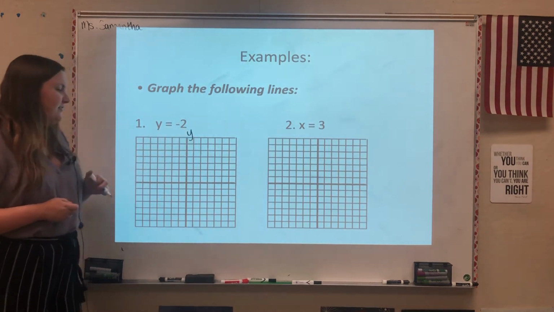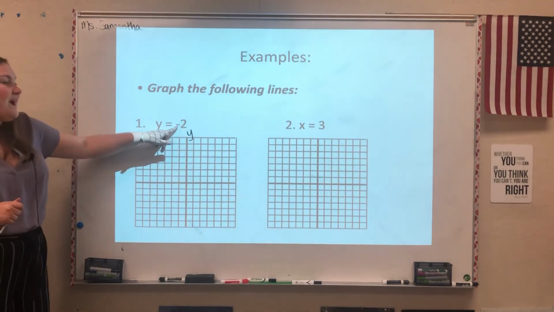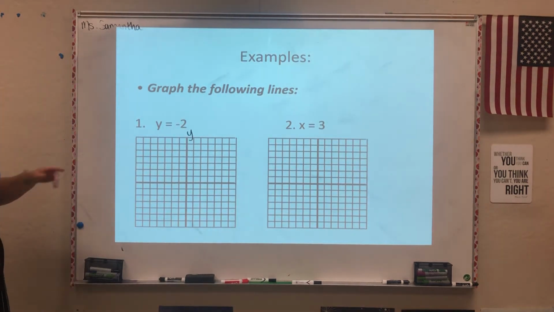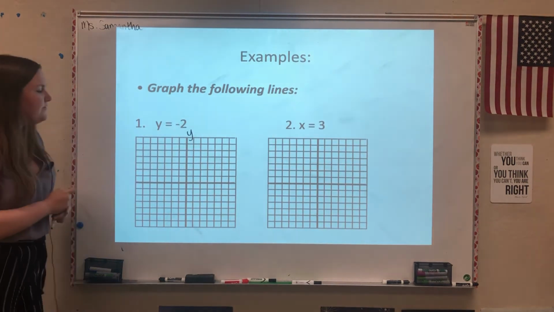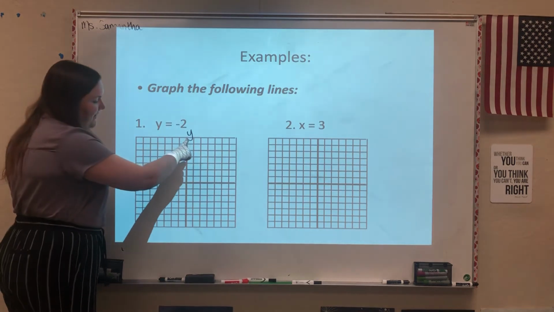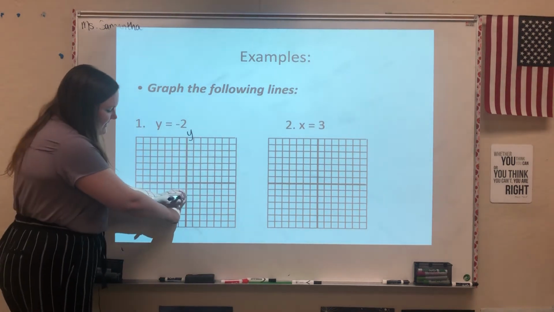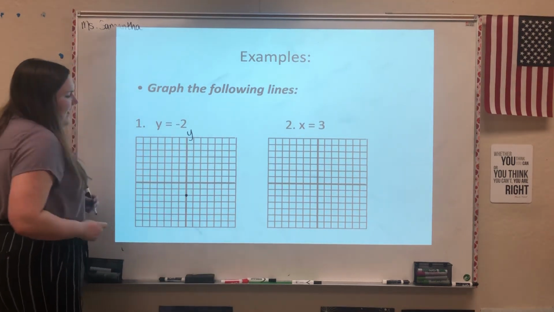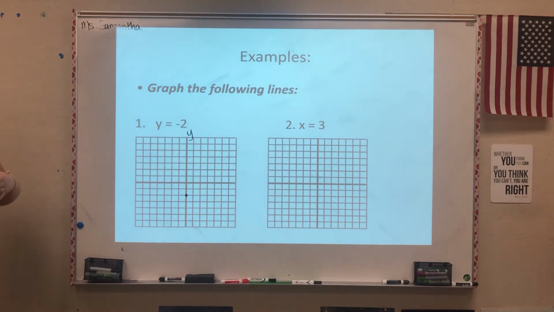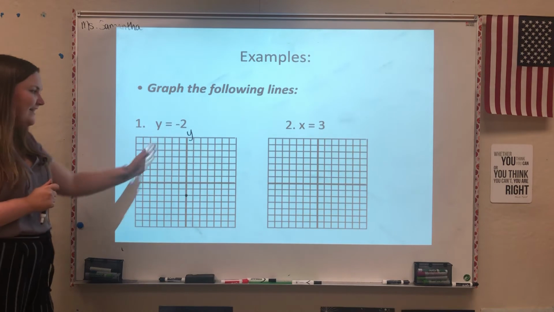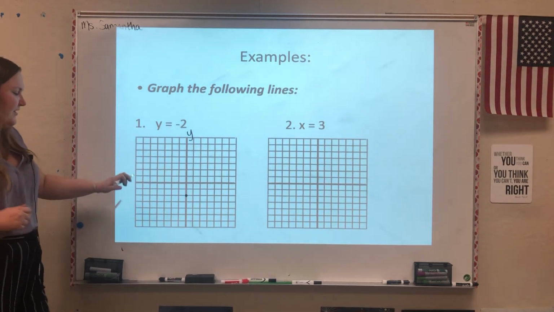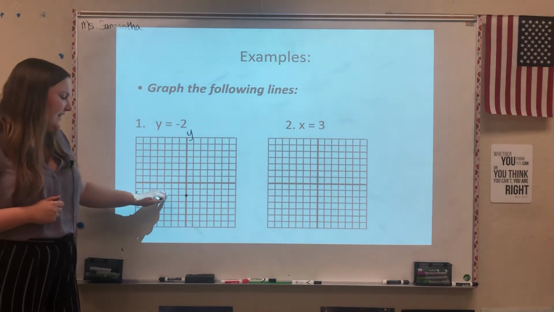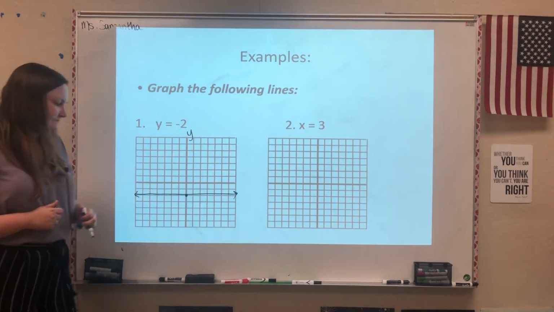That is right here. And then if it's y equals -2, it means it's passing through my y-axis at the number -2. So I could find -2 on my y-axis. That is right here. And we want the line to intersect the y-axis at -2. We want it to go through that line, not on top of your y-axis, but cross through it at -2. So that would be a horizontal line like this.